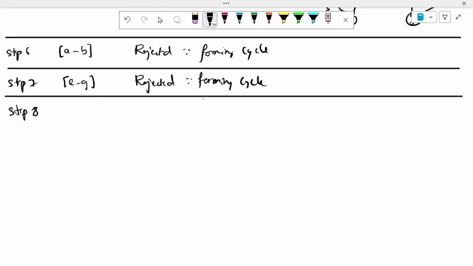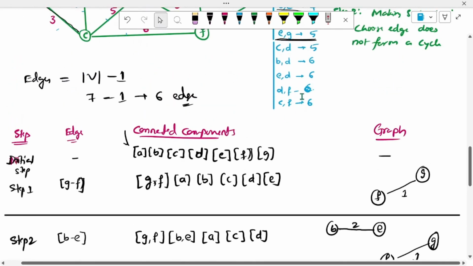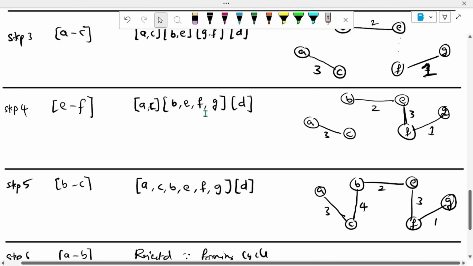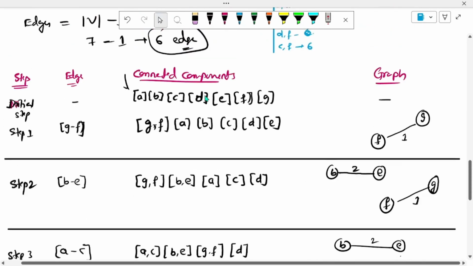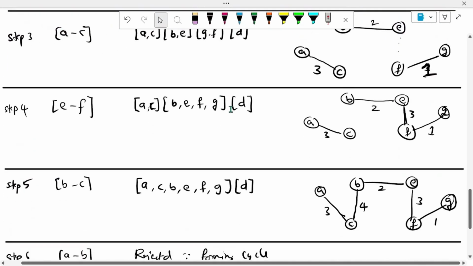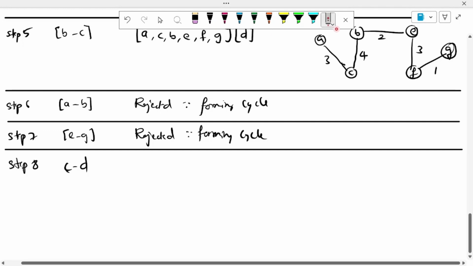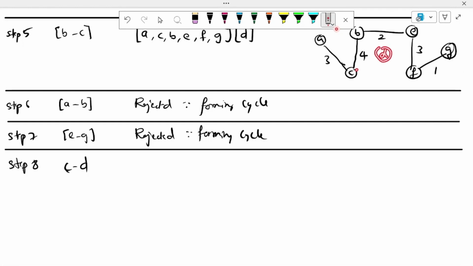Step 8. The next edge we are going to consider is CD. See, we wanted a total of 6 edges and now we have got 5. Now if I add this edge, I can stop here because I'll be adding the last edge that is possible. I'm going to add which edge? CD. So right here, CD. Now if I try to add CD here, how is it going to look? D is going to be here, so CD.